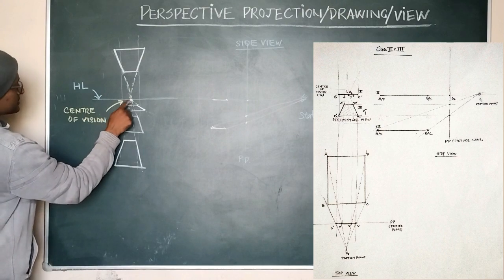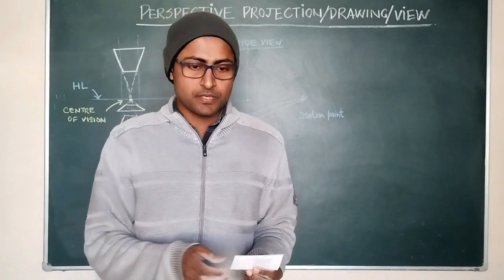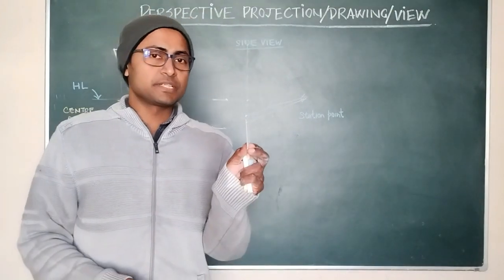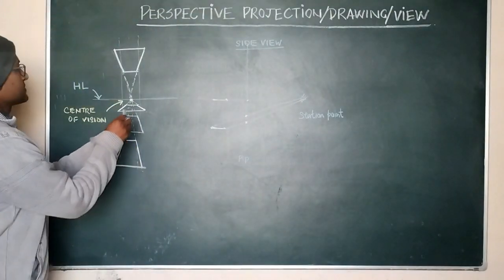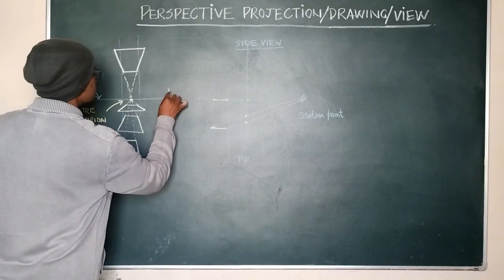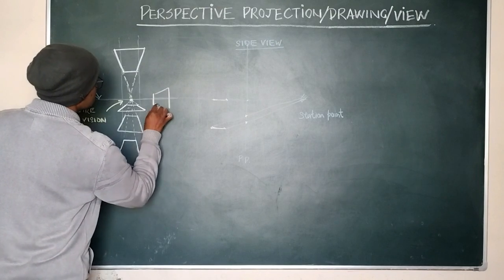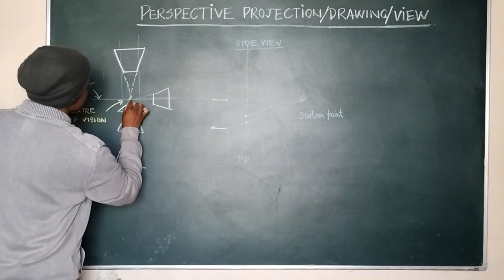Now this is the center of vision. Now if I keep this object vertical somewhere here or here, I can also get the image something like this. Right?